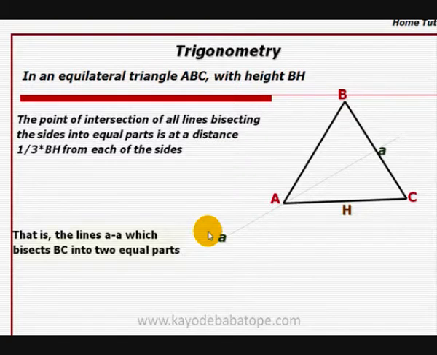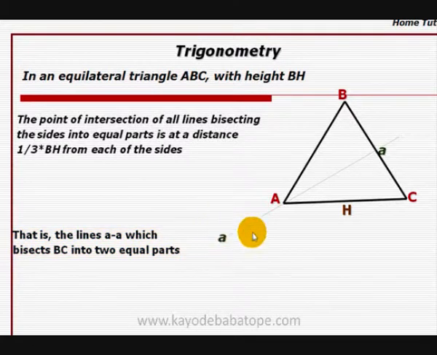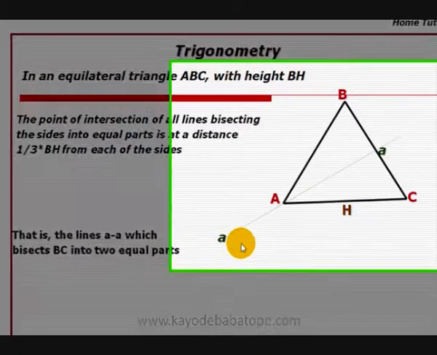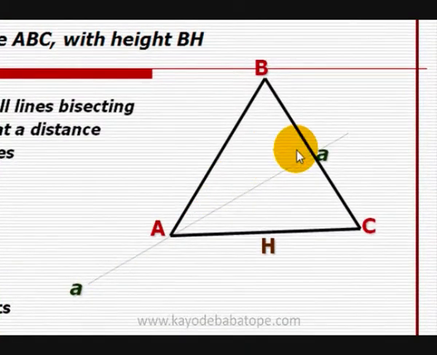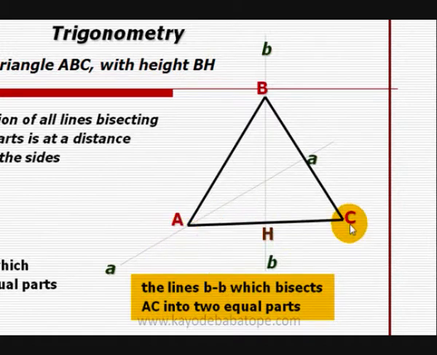For example, this is a line AA which bisects the line BC into two equal parts. What I mean is this line AA bisects this line BC into two equal parts. And now this is the line BB which bisects AC into two equal parts.